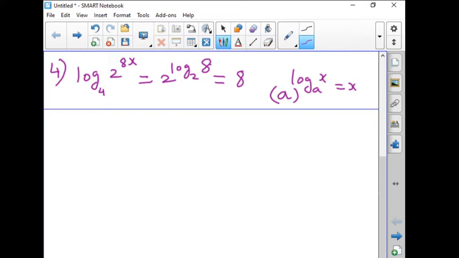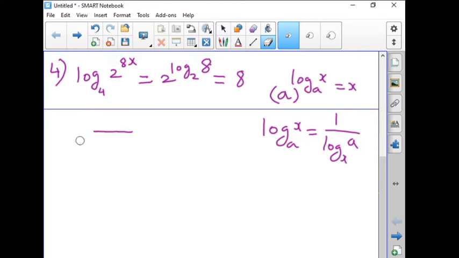Now also we have seen that log x to the base a can be written as 1 by log a to the base x. Okay, this also we have seen. So first we will use the power rule, then we will use that.